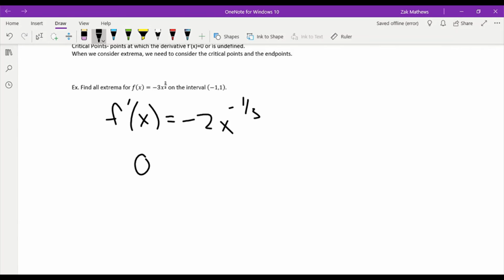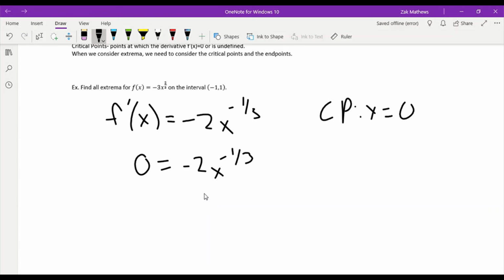So let me set my function equal to 0 for starters. Really might be a better idea to think about when it's undefined. So when would this thing be undefined? Well, now because this x is in the denominator, if x is equal to 0, that's going to give us an undefined value. So I know one of my critical points is 0. And the reason I like to start with that is because I might solve this and I might get what I believe to be a point at which it's equal to 0.